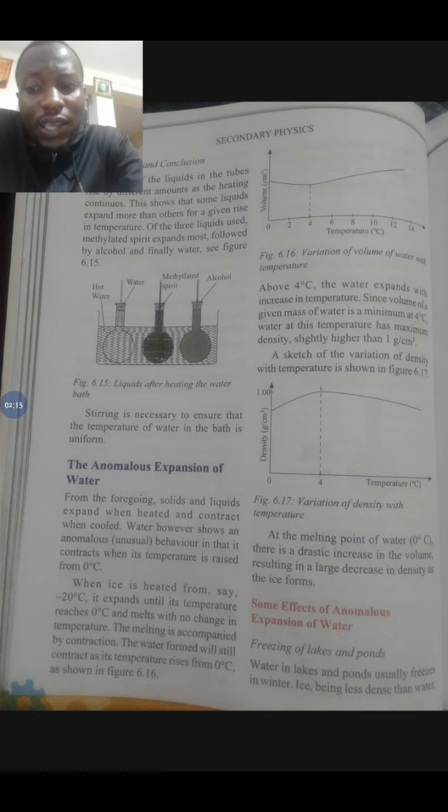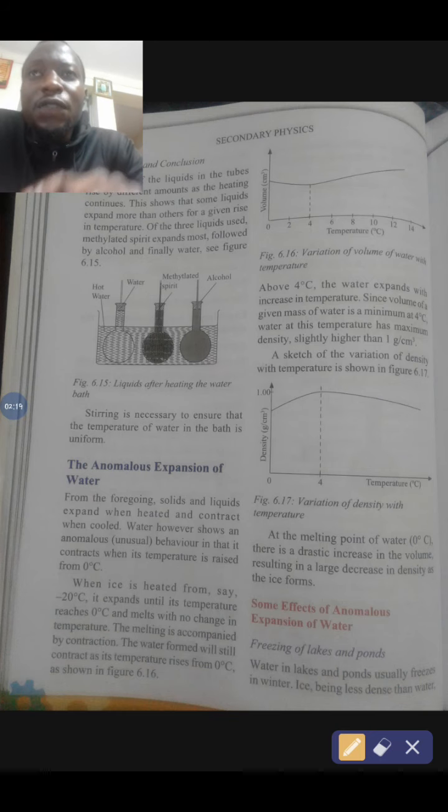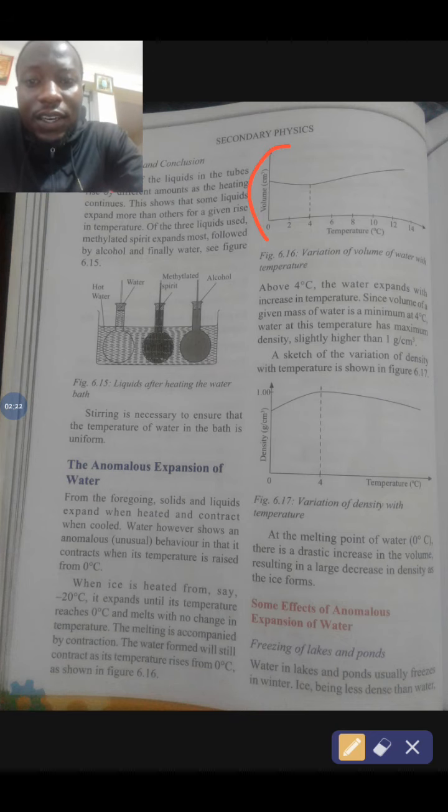Now, during this range of temperature, 0 degrees C to 4 degrees C, the volume of water decreases as seen in this graph here. Between 0 degrees C and 4 degrees C, you can see the volume slumping, the volume decreasing.